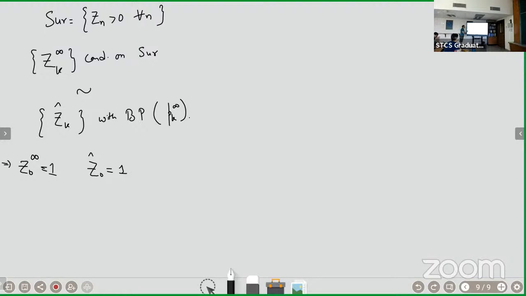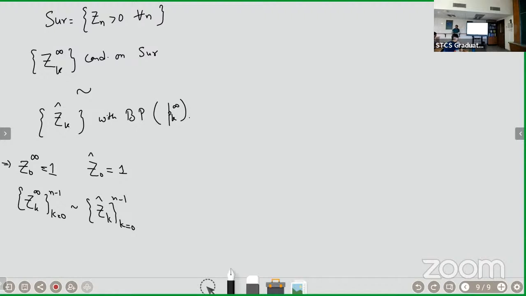So suppose that Z_K has the same distribution up to N minus 1. I can go from N minus 1 to N.